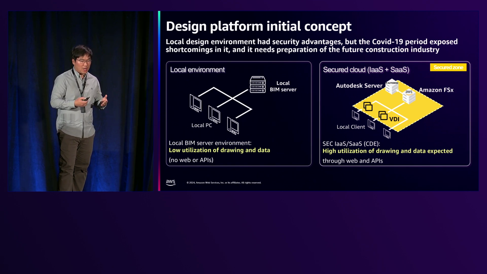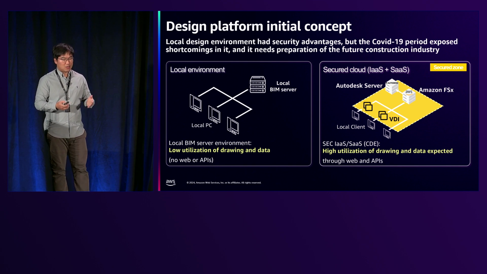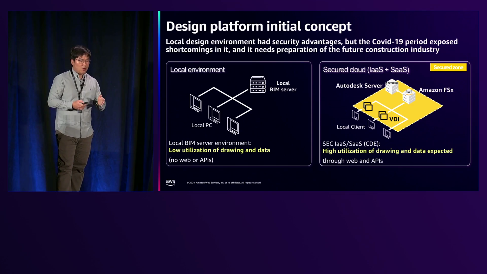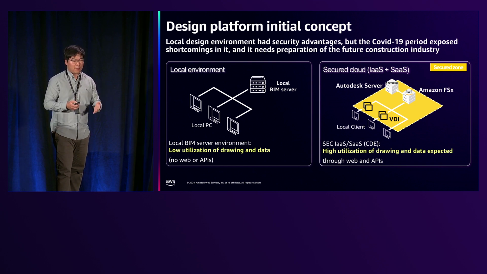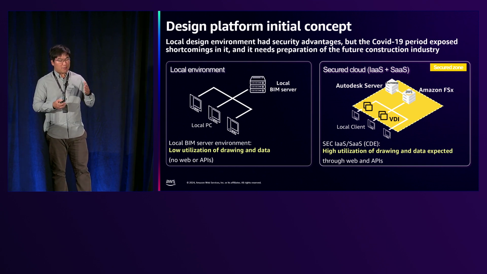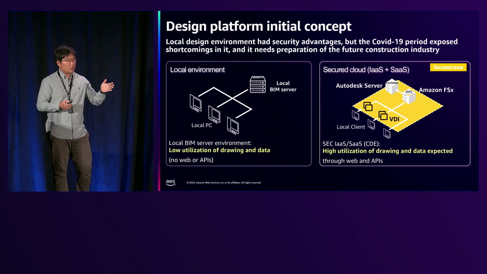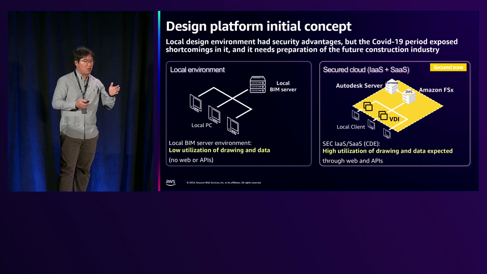To resolve that issue, we designed the secure cloud architecture as shown in the right figure. As you see here, the local client first accesses the graphic VDI. We are using Amazon VDI, and those VDI connect to the Amazon file server, which is FSx. And that FSx is piped to the Autodesk server.